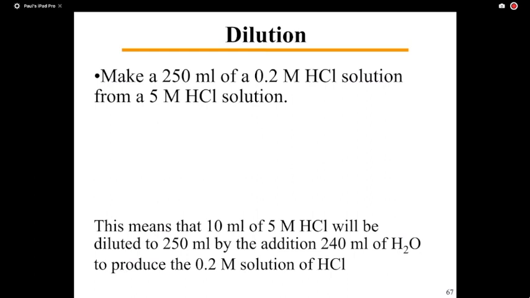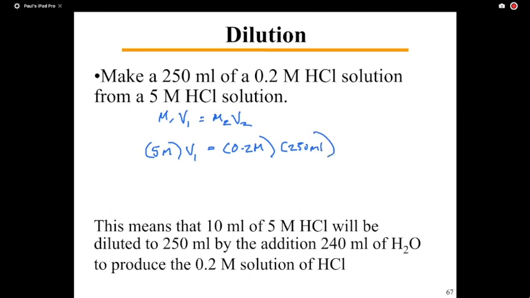At the beginning, I have the M1V1 equals M2V2. At the beginning, I have 5 molar. V1 is, I don't know how much of the 5 molar I need to take out, but at the end, I want the molarity to be 0.2 molar, and I want it to be 250 mils.